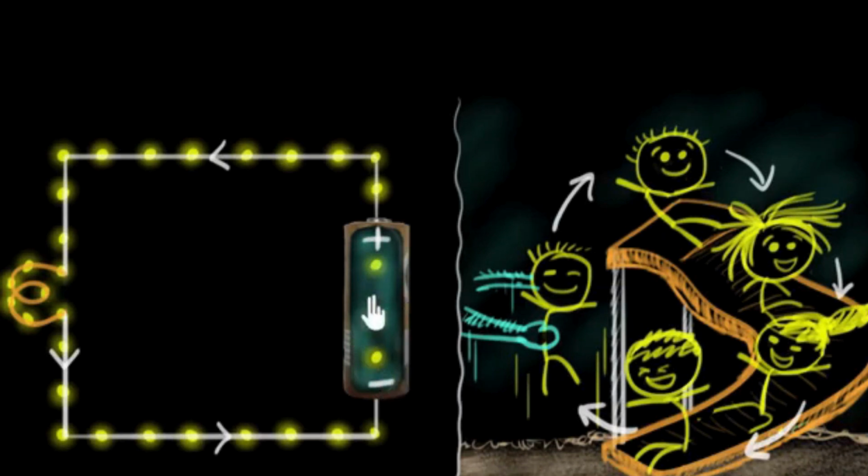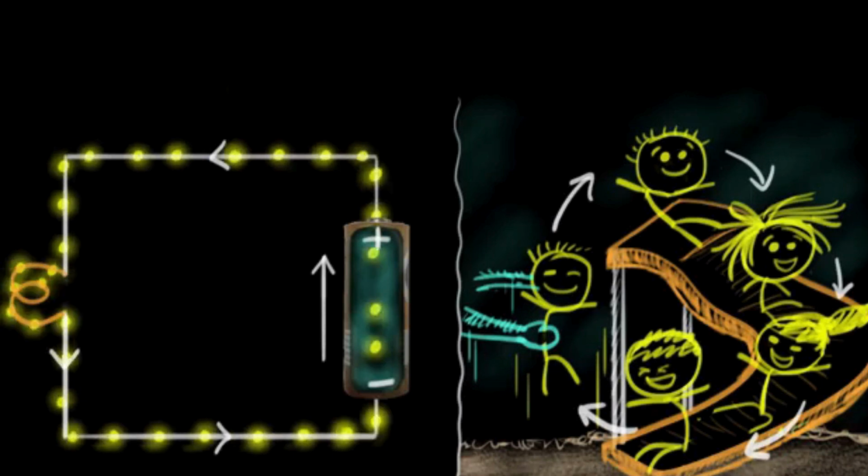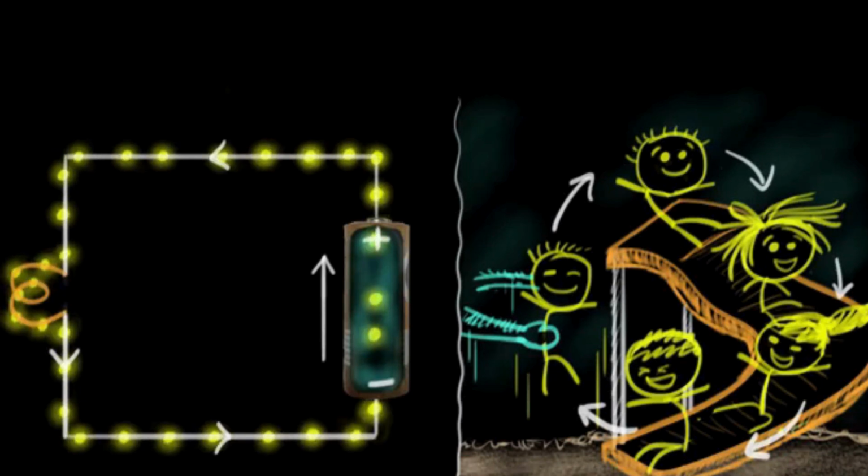There are some chemical reactions that go on, and these chemical reactions start pushing these charges up against the electric force, and as a result, we have a continuous motion of charges, creating a continuous supply of electric current. And if you could see those charges moving, it might look somewhat like this. That's it, a very brief animation.